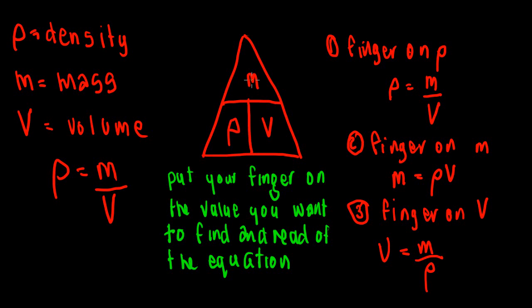Put your finger over mass, and that's P times V. If you want to find the volume, put your finger on the volume, and that's equal to mass over density. So that's a pretty simple little thing. Rather than working it all out, it can be done just by remembering the triangle and putting your finger on whatever you want. So let's put that to use and see what we can come up with.